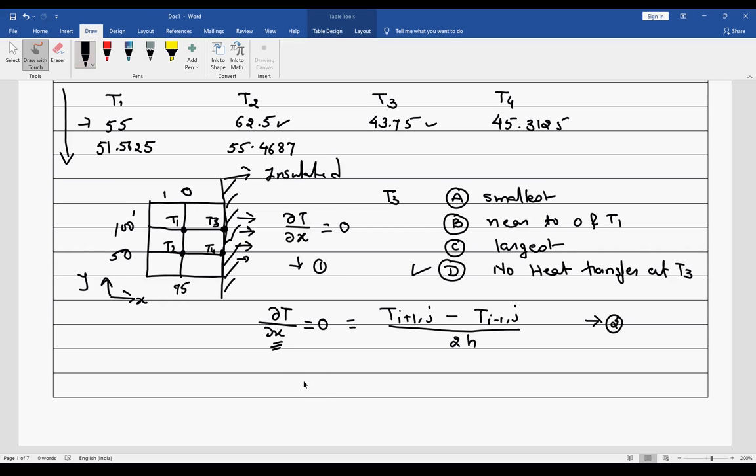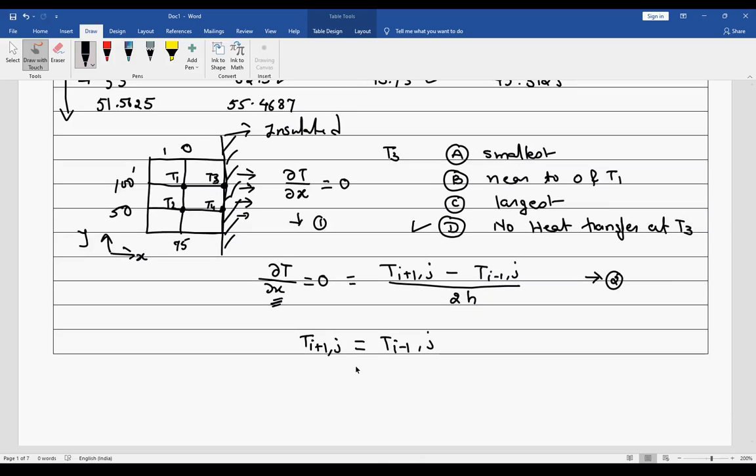Okay, what is the meaning of this? Ti plus 1j is equal to Ti minus 1j. This is what it means. Okay, so Ti plus 1j is equal to Ti minus 1j. That is its meaning.